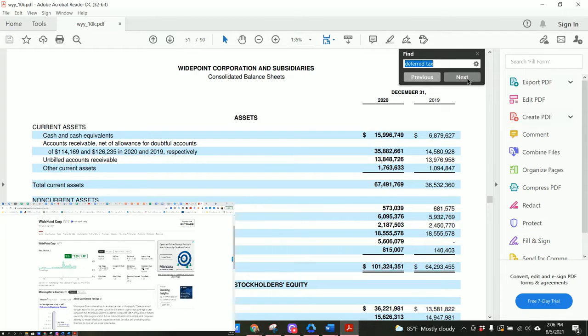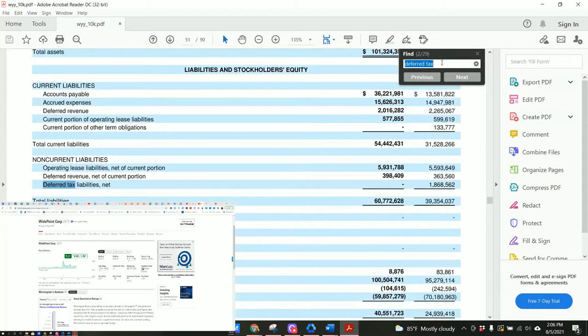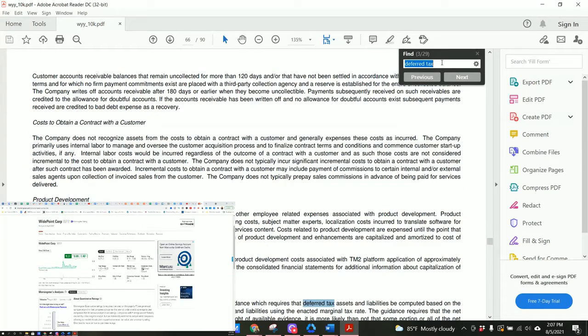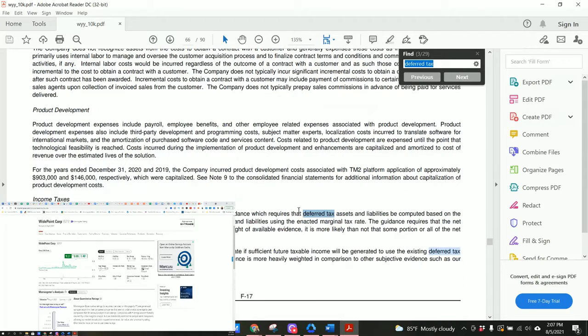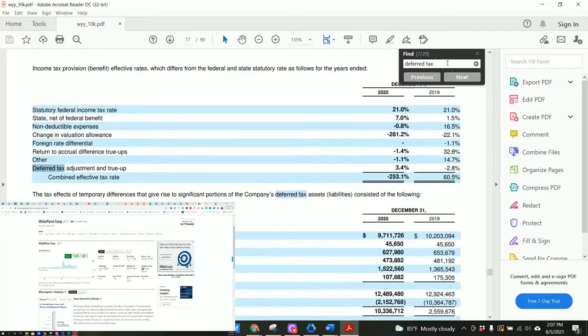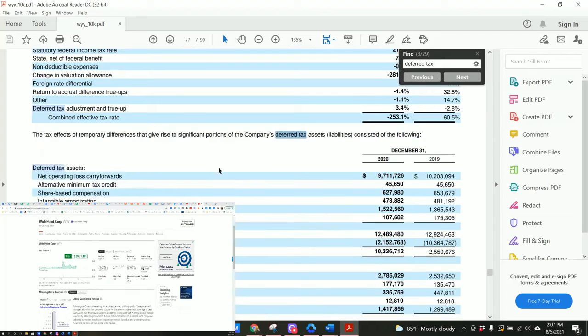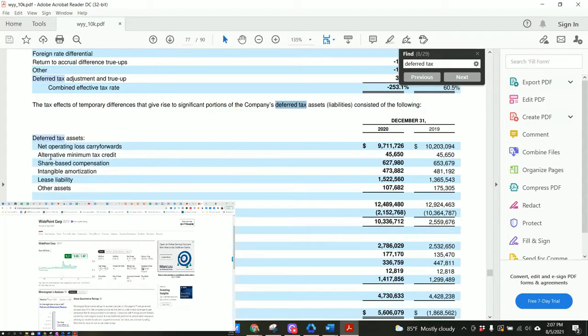Tax assets, that's not it. What happened? We'll get to all this in time, but this is not what I'm looking for. The start of this is what I'm looking for. So deferred tax assets, they go into more detail further below.